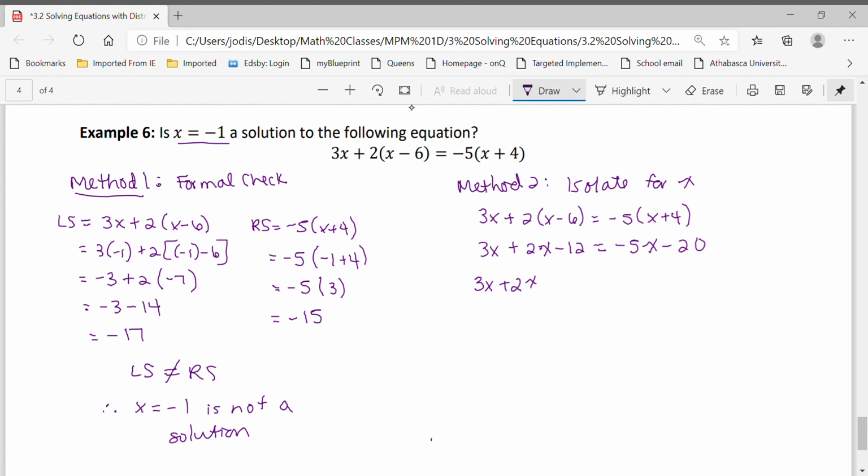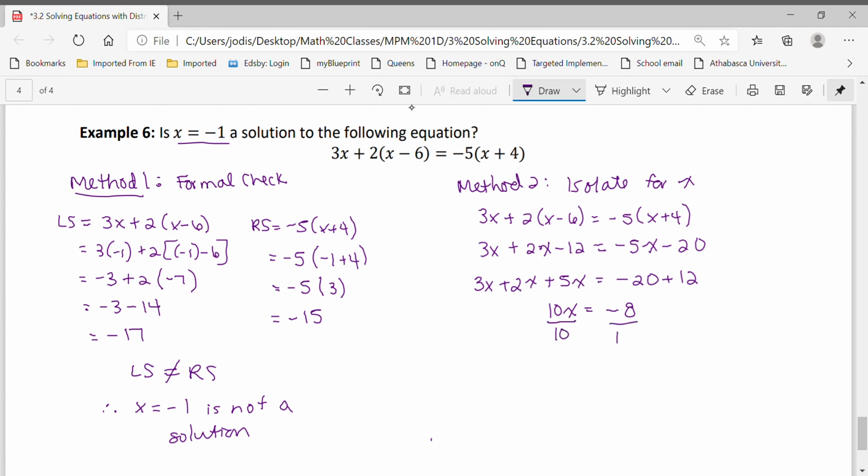We have a 5x over here, so we have to do the opposite sign. Leave that negative 20, and then let's undo this 12, so plus 12. All right, on this side, we've got 3 plus 2 is 5, plus another 5, we've got 10x. And then here, negative 20 plus 12 is negative 8.